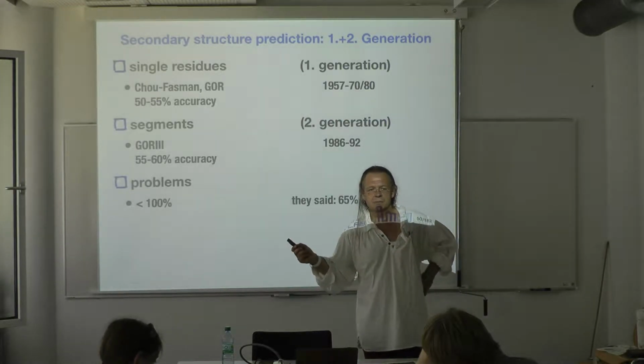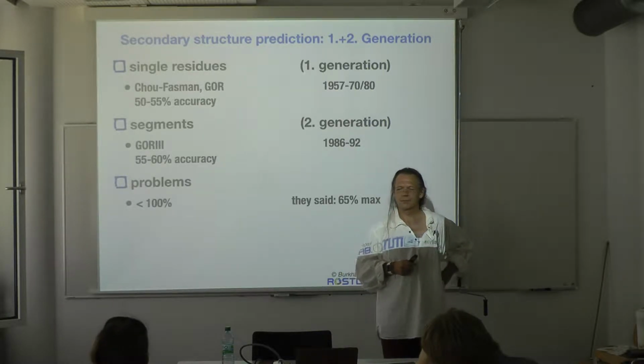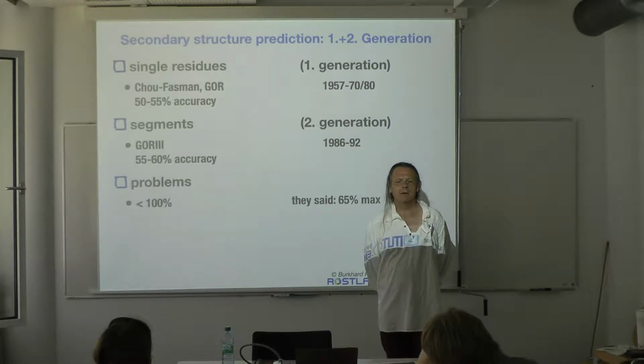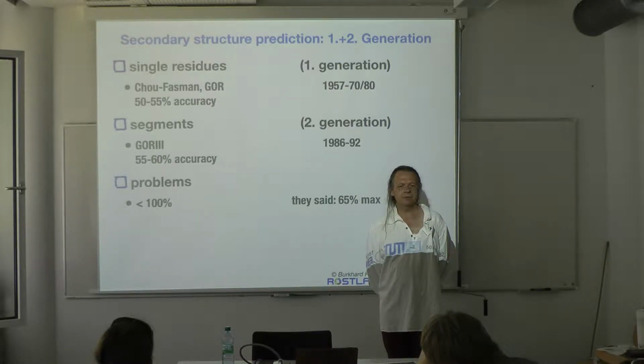And they give reasons. But how do you believe they got to this number? That's very simple. There was no method. Everybody tried to develop a method. Nobody reached higher than 65, so they said 65 is the limit.